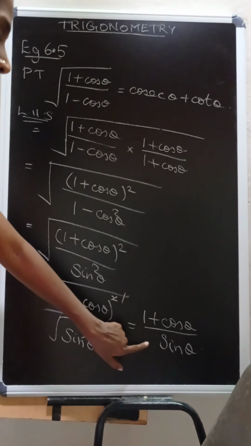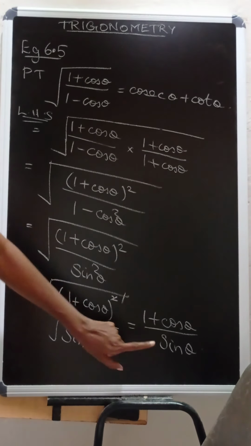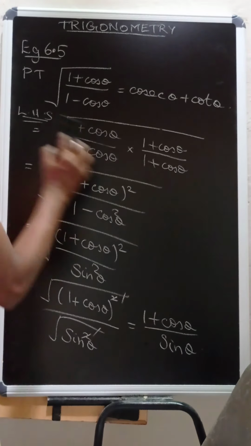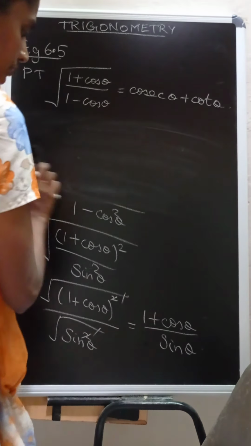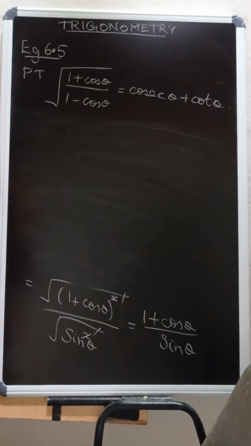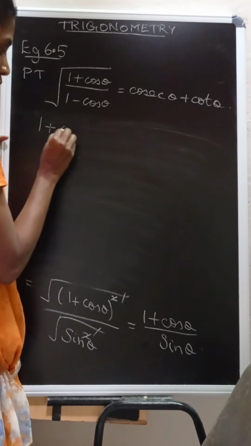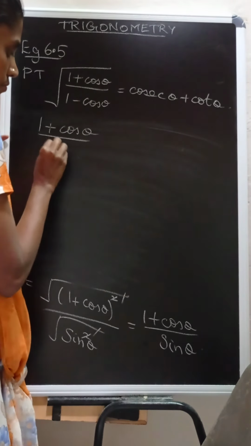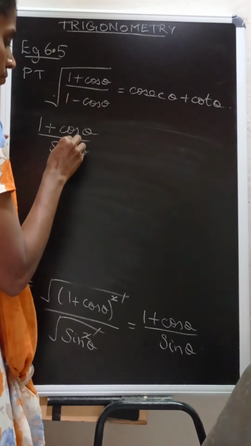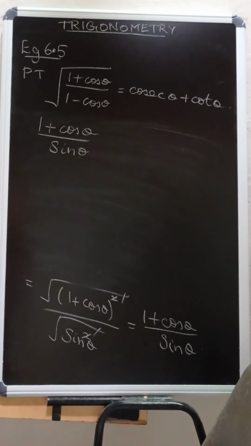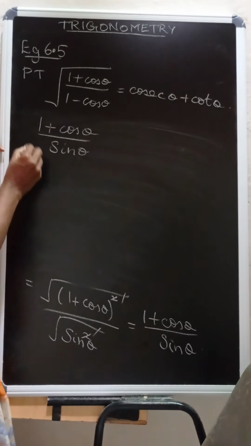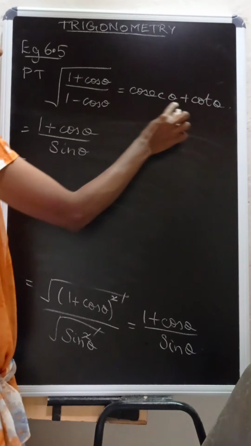So now we have got 1 plus cos theta by sin theta. Now, see the RHS here. What is there?